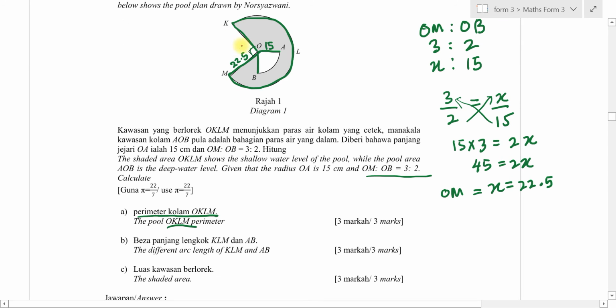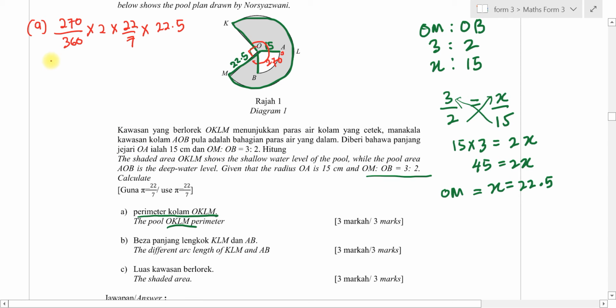So dalam dia mesti 270 degree lah, because total circle is 360. Out of 360, here is 90, means here is 270. So part A, I put here, you take the 270 over 360 times 2 times pi times the radius 22.5.